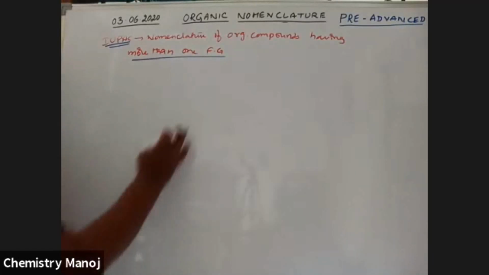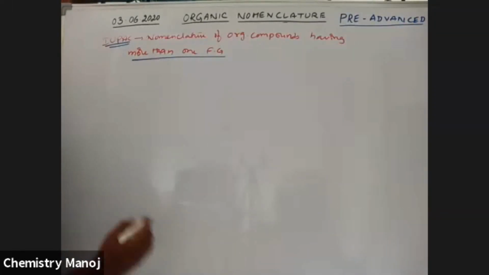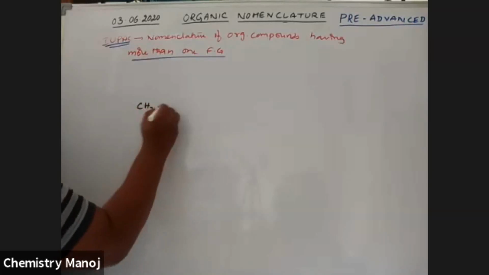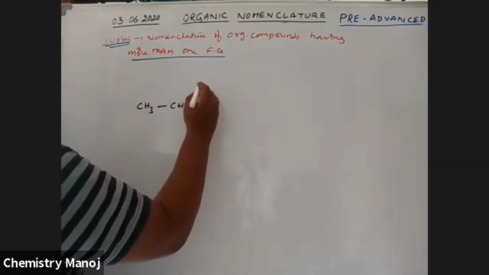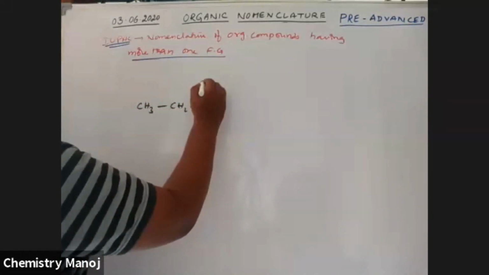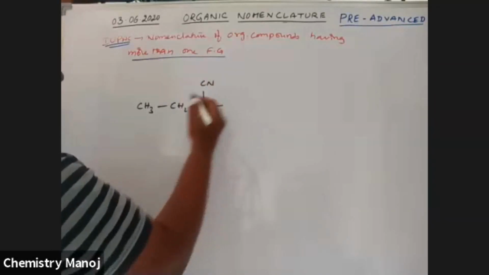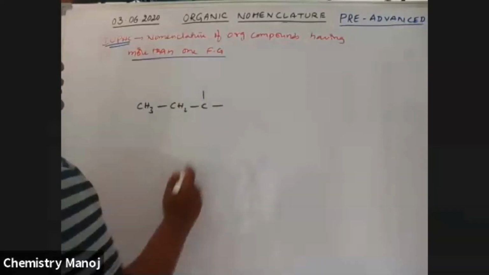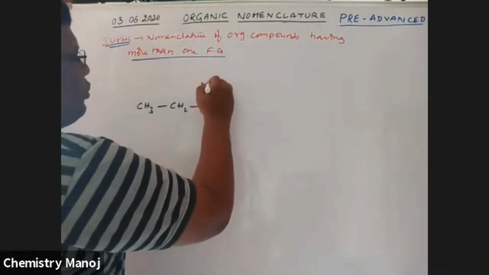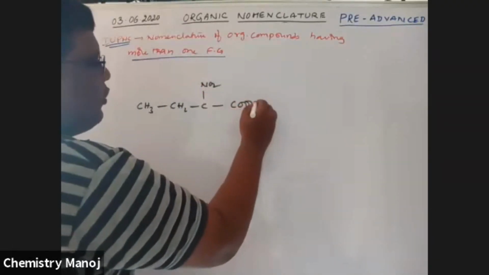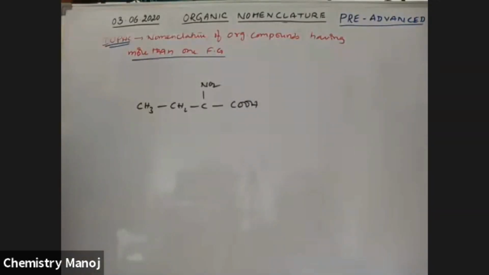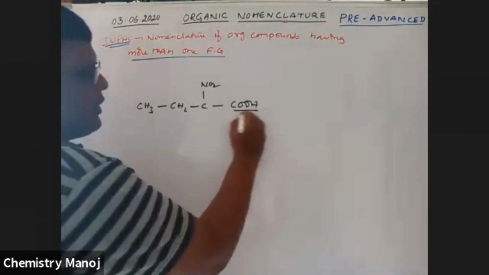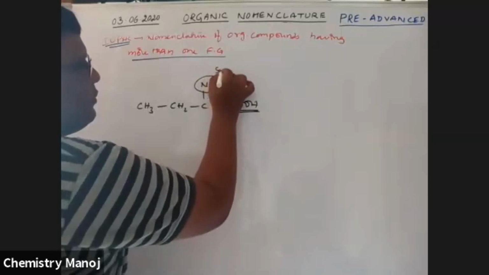Next one, that is CH3, CH2, C, then some NO2 group and COOH group. So COOH is the major functional group, and NO2 is a substituent.